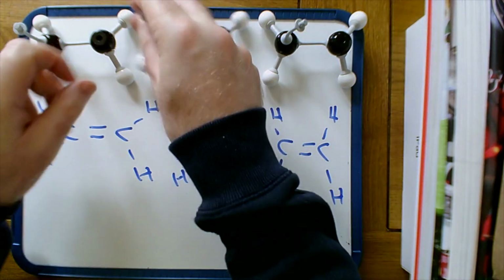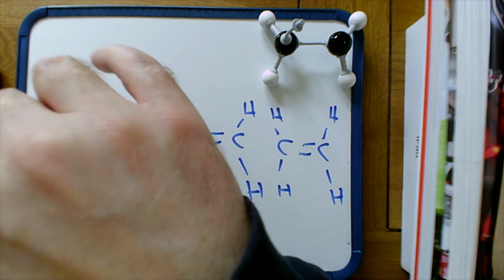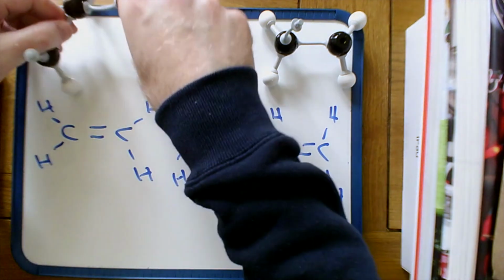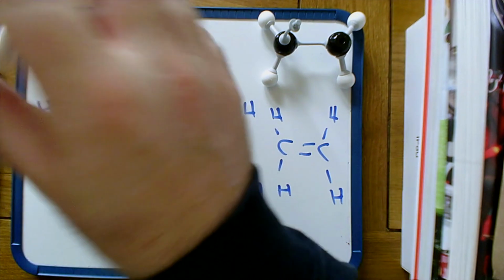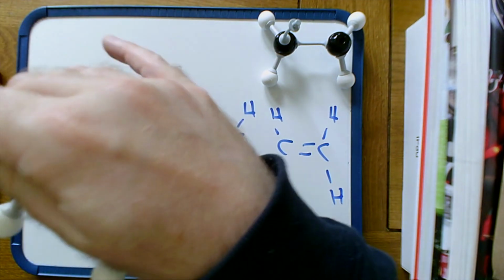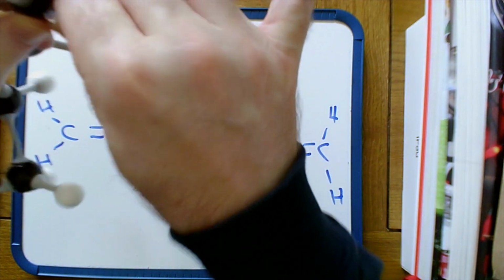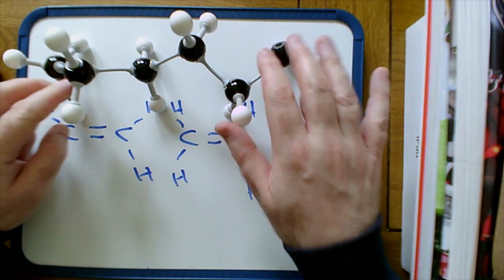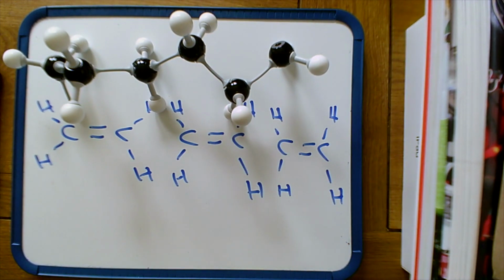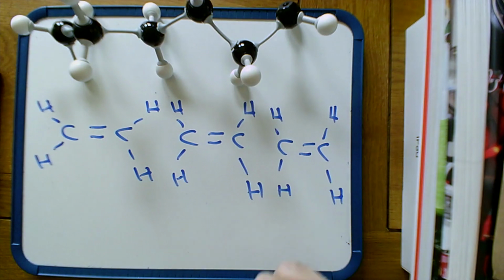If I break the double bond on each molecule, I generate a spare bond that can be used to join the molecules together. So I'm then able to join the 3 molecules together to form a longer chain. Now this longer chain contains all single bonds and is therefore saturated.